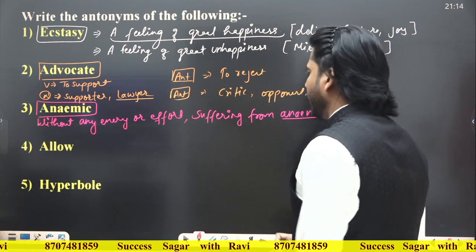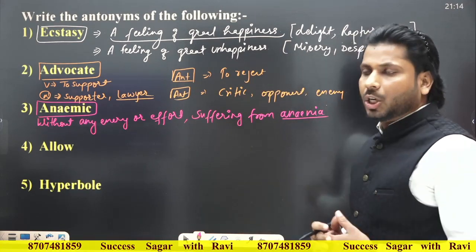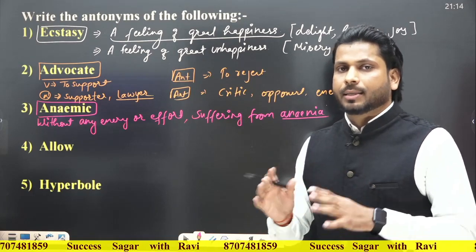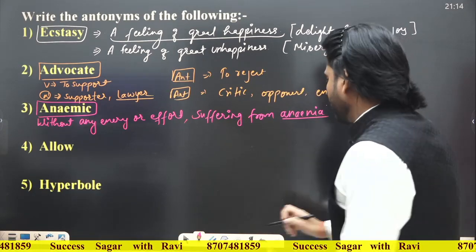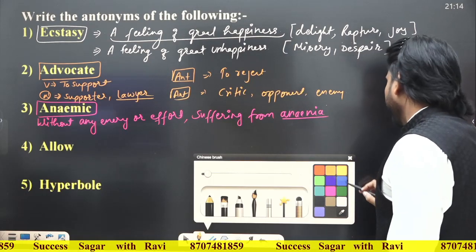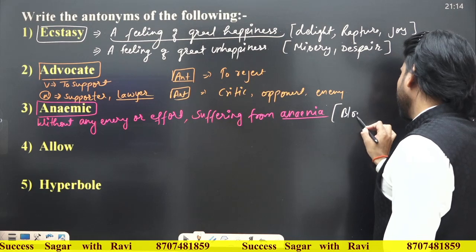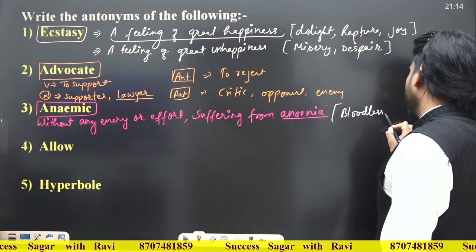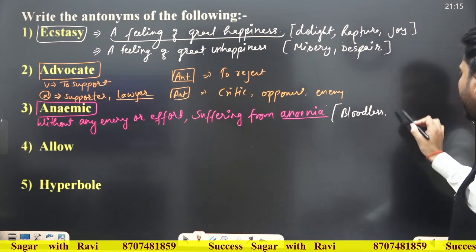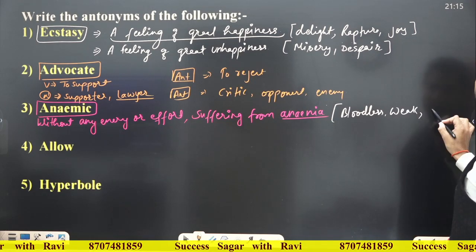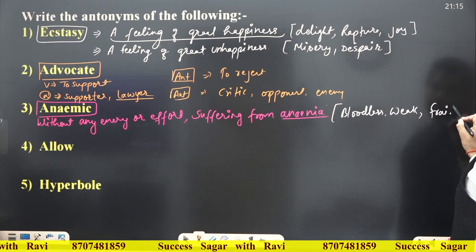You know anemia. Anemia is a medical condition in which there are not enough red cells in the blood. So the possible nearest meanings would be, you can say bloodless. If you are bloodless, you are weak. You are frail also. These are the synonyms.